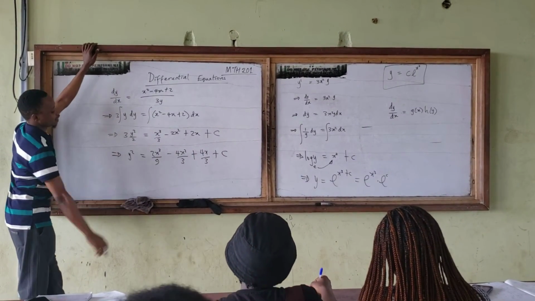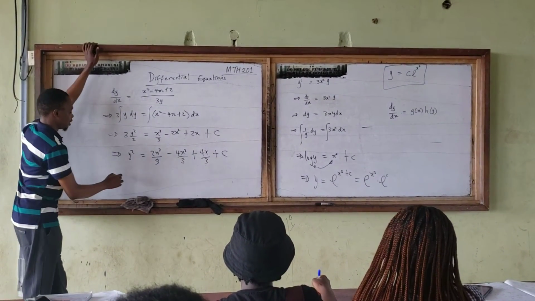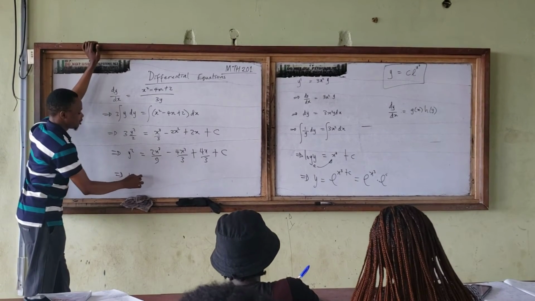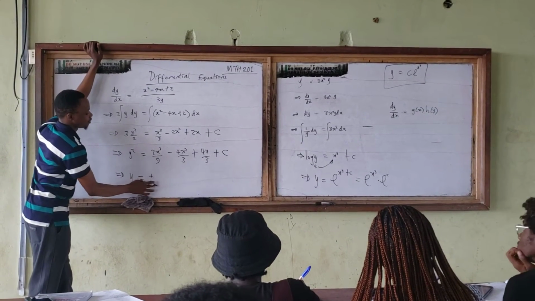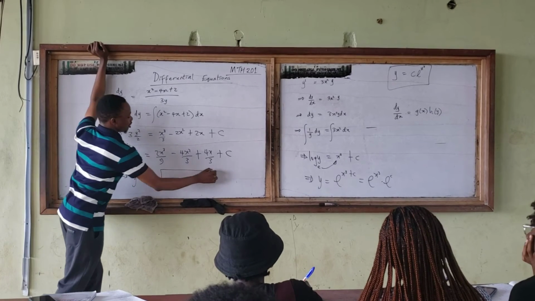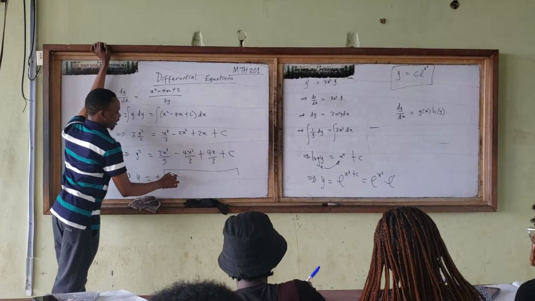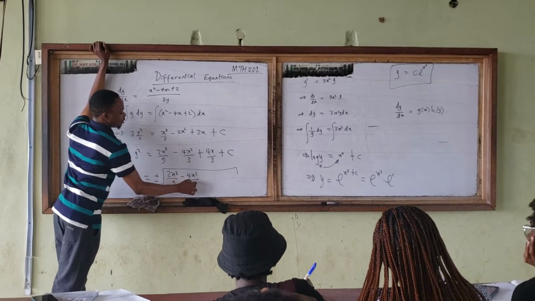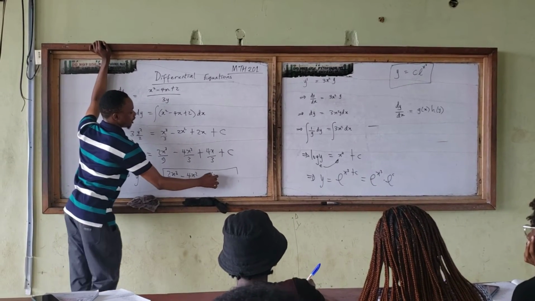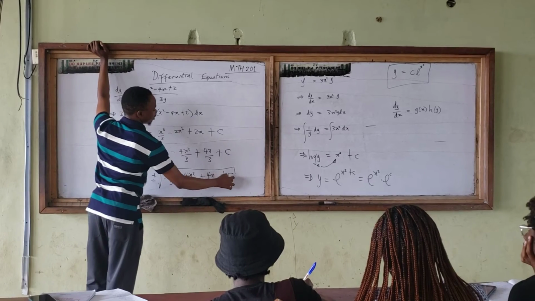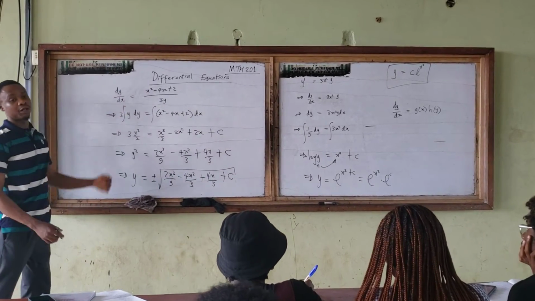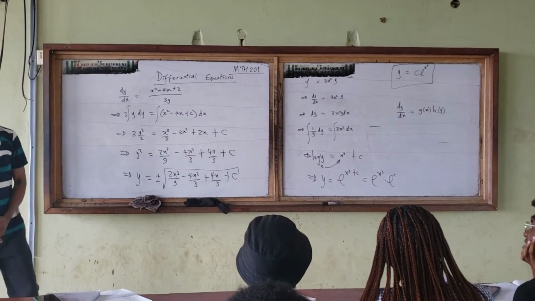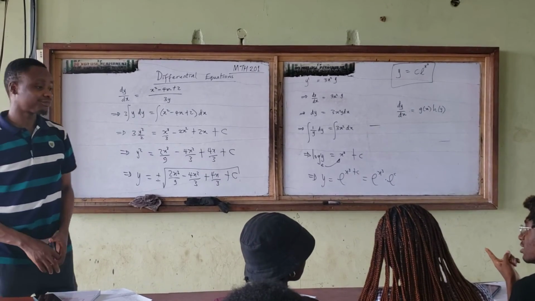So then you can take the square roots. Then this is going to give us y equal to plus or minus square root of 2x cubed over 9 minus 4x squared over 3 plus 4x over 3 plus c. Alright, so that's that. That clear? You can see that it's very, very short.